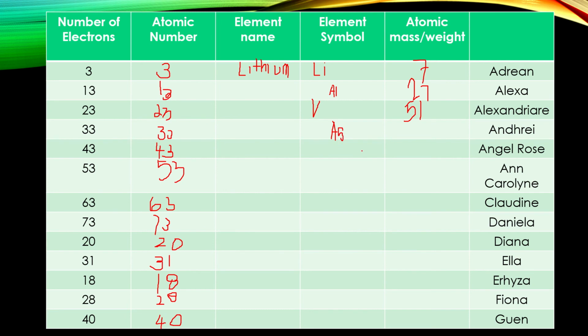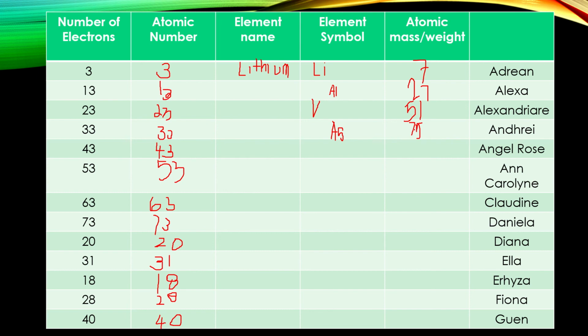We have 74.9, so we're going to round it off. We'll make it 75. Again, we need to round off the atomic mass or atomic weight of an element. You can see the atomic mass and atomic weight of an element below the element symbol or at the side. It's usually written in decimal form.